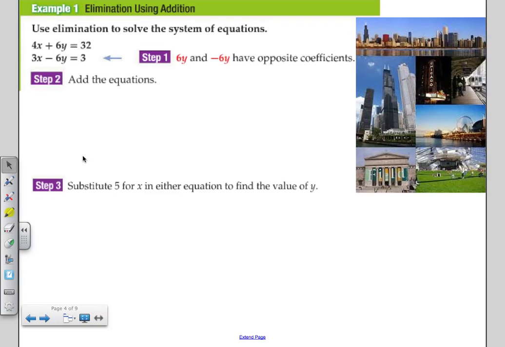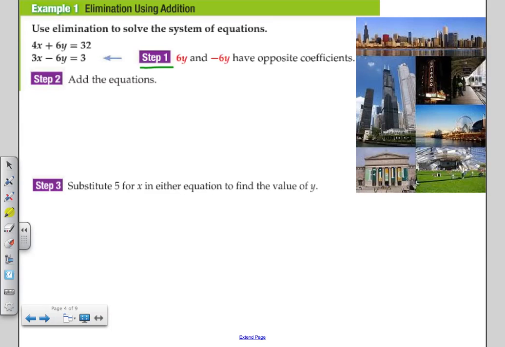Okay, so here we have elimination using addition. For our first example, we have 4x plus 6y equals 32, and 3x minus 6y equals 3. So step one would be to line up the variables and the coefficients that are opposite.